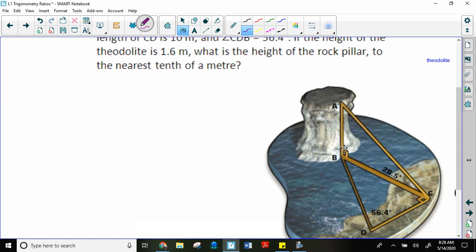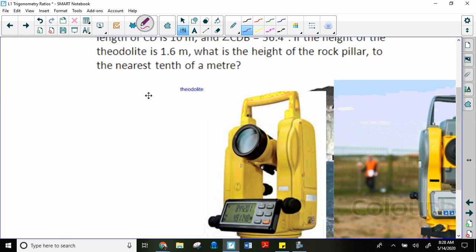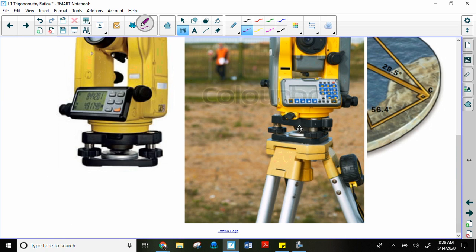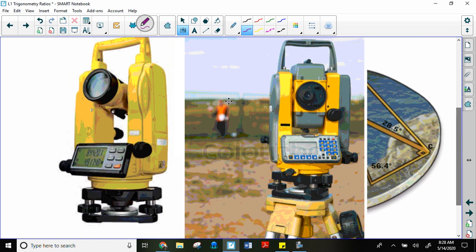So what the geologists will do is use a theodolite, which is just a fancy angle mapper. If I move the little camera up, you can see that your degrees change. So you're creating an angle that you know at a specific point on the ground.